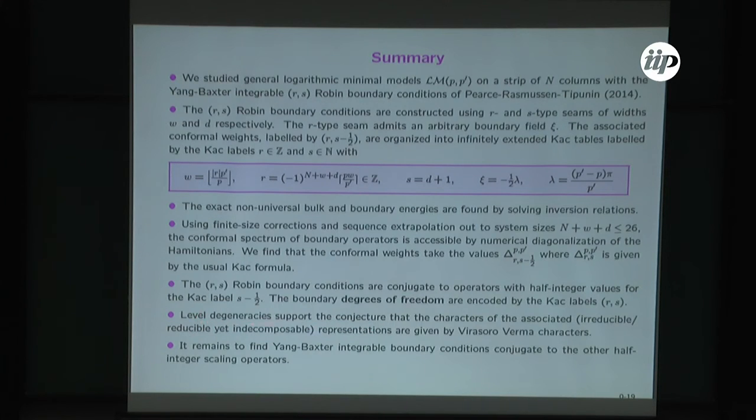The level degeneracies of the first 7 or 20 levels support the conjecture that these characters are just the Virasoro-Verma characters, but there are many open questions about the precise nature of the associated representations. It remains to find the Yang-Baxter integrable conditions conjugate to the other cases when R is half an integer or R and S are both half integers.